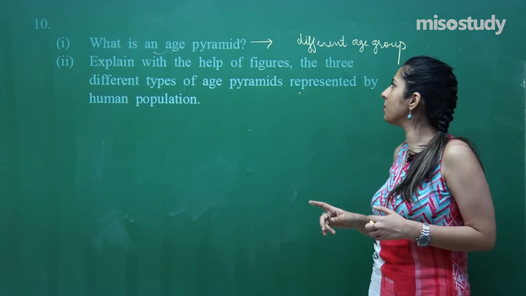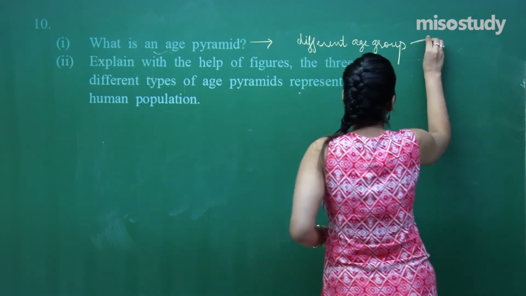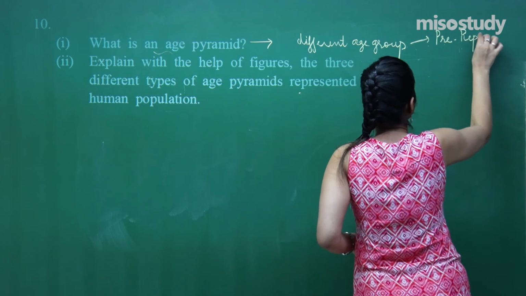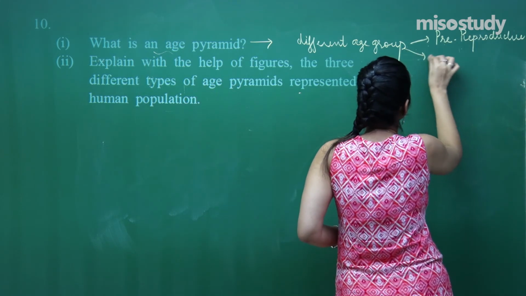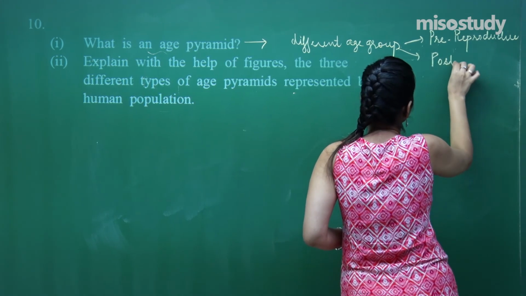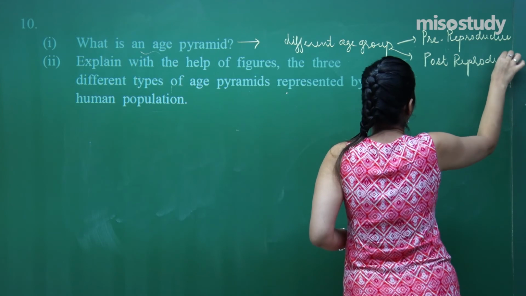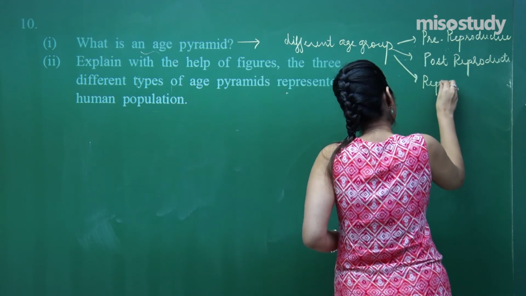In this, the organisms are divided into three age groups. The first age group is of those organisms who belong to a pre-reproductive phase. Then those organisms who belong to a post-reproductive phase. And in between we have the organisms who belong to the reproductive age group.